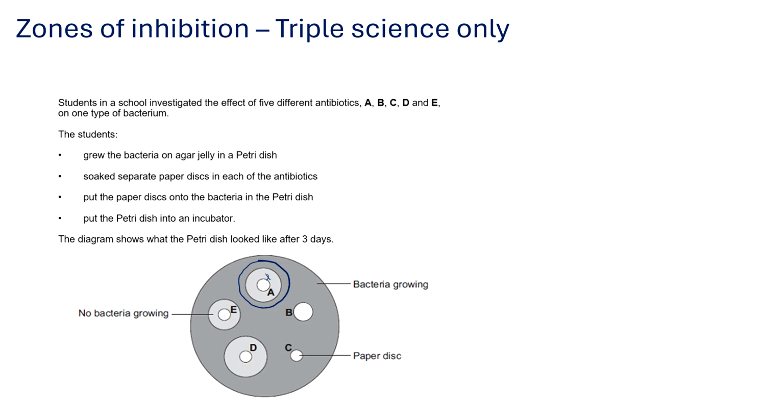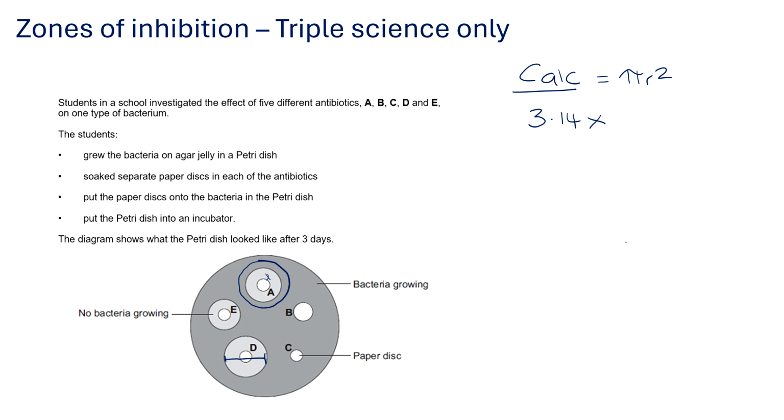Now, there are two things they can ask you about this practical. Firstly, they could ask you to calculate the size of the zone of inhibition. In order to do that, you would need to use pi r squared. Obviously, pi is 3.14. In order to get the radius, you would measure the diameter of the zone of inhibition.